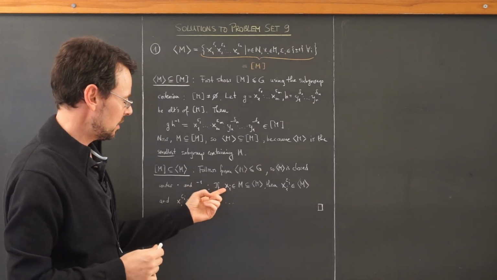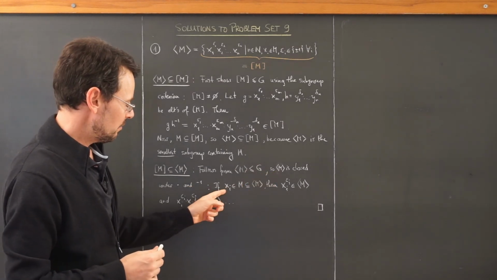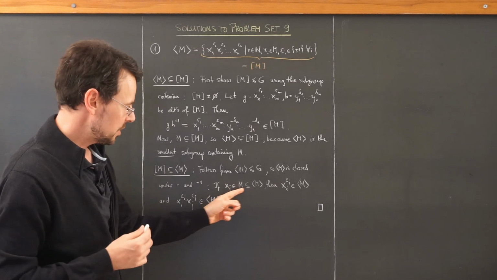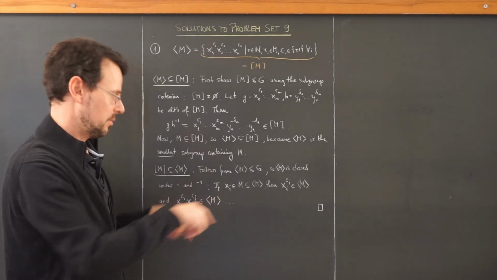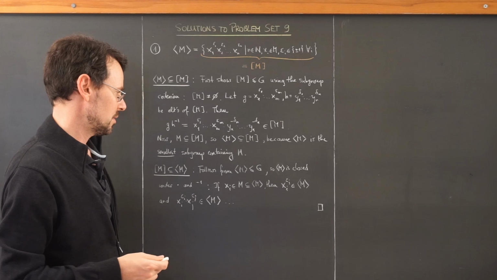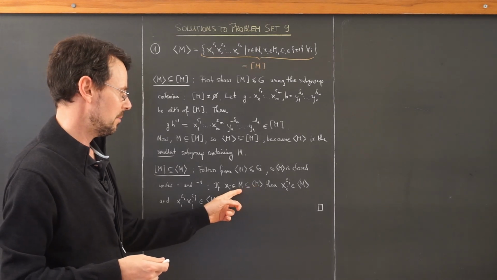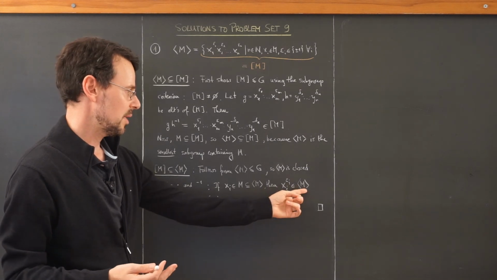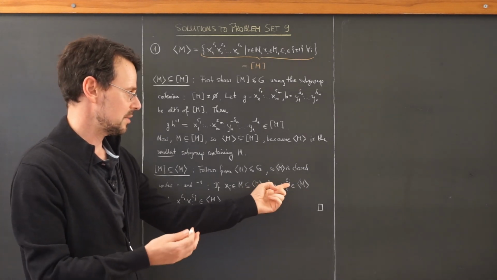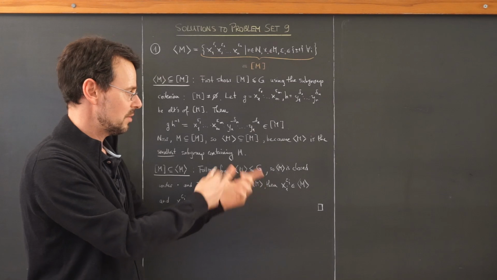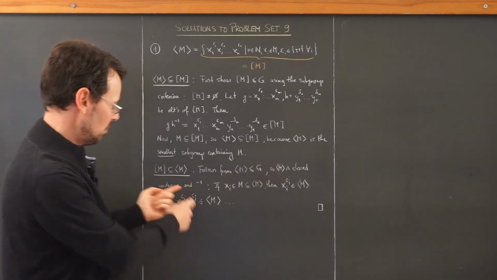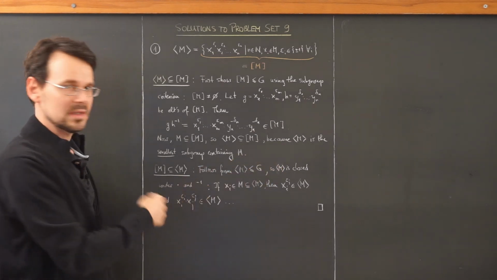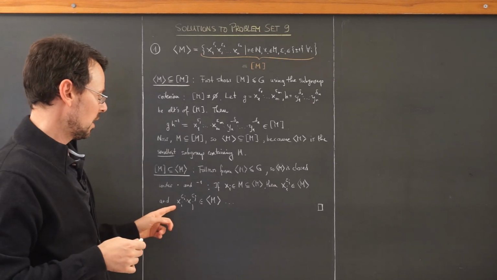So maybe like that. If x_i is an element of M, which is clearly a subset of pointy brackets M, the smallest subgroup containing M, then x_i to the epsilon_i is an element. This is trivial if epsilon_i is 1, but also if epsilon_i is -1, because this as a subgroup is closed under inverses.